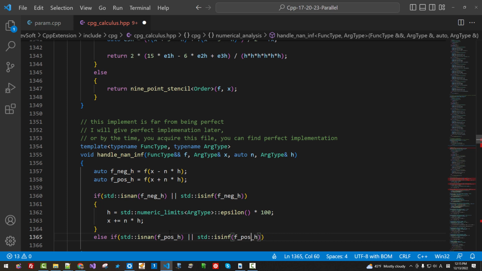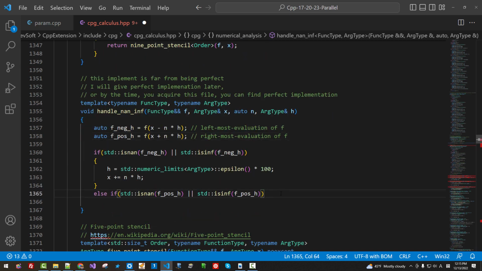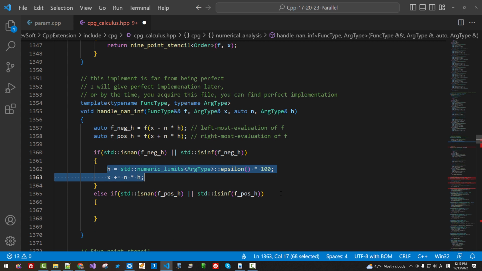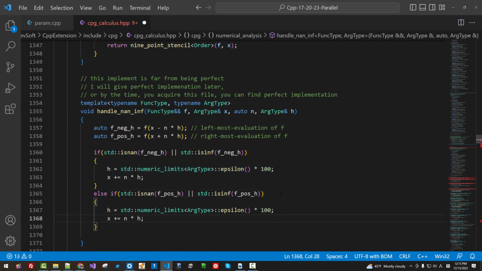This is the leftmost evaluation of f. This is the rightmost evaluation of f. So in this case, we still make h very small, but we subtract.